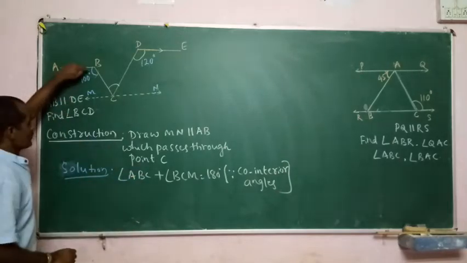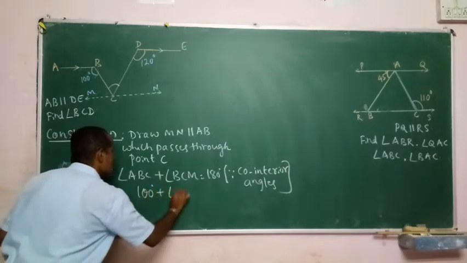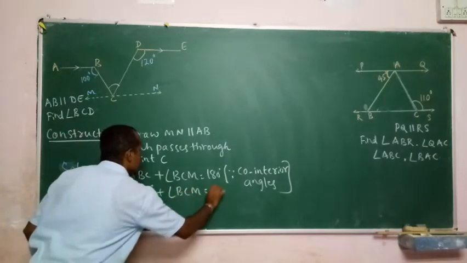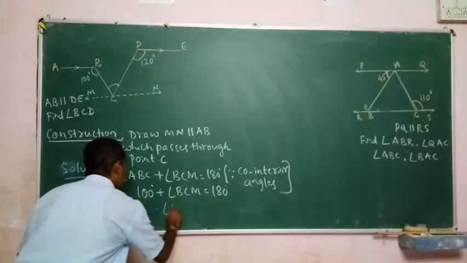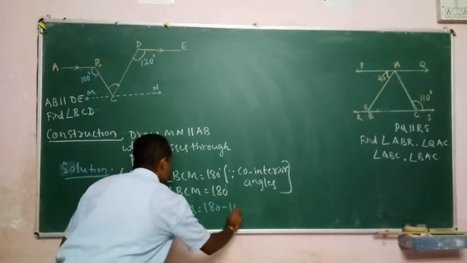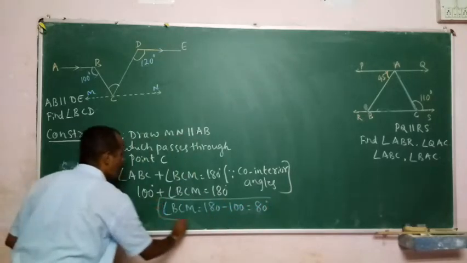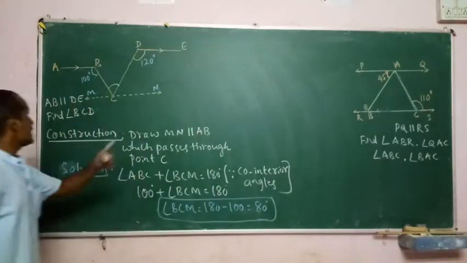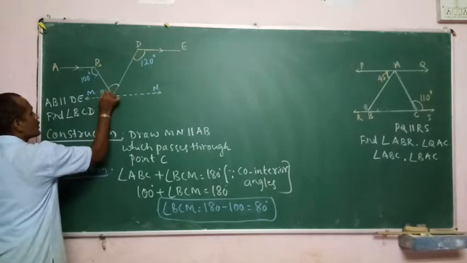Which angle is known? Angle B is known, 100. 100 plus angle BCM is equal to 180. Therefore, angle BCM is equal to 180 minus 100, which is equal to 80 degrees. You got one angle, BCM. This is 80 degrees.